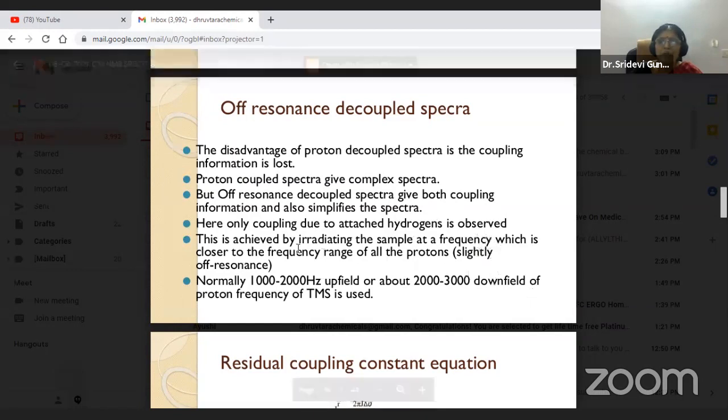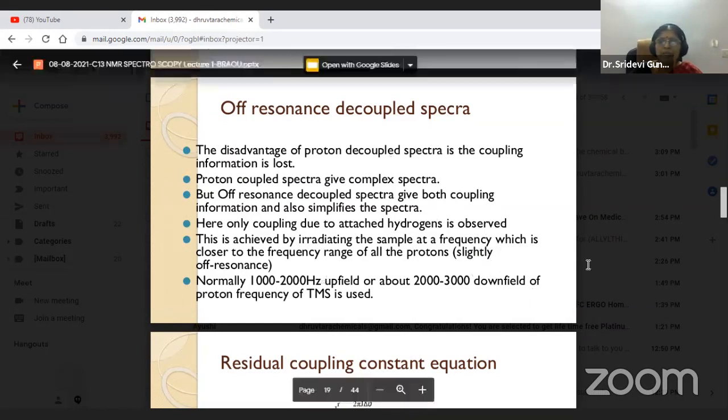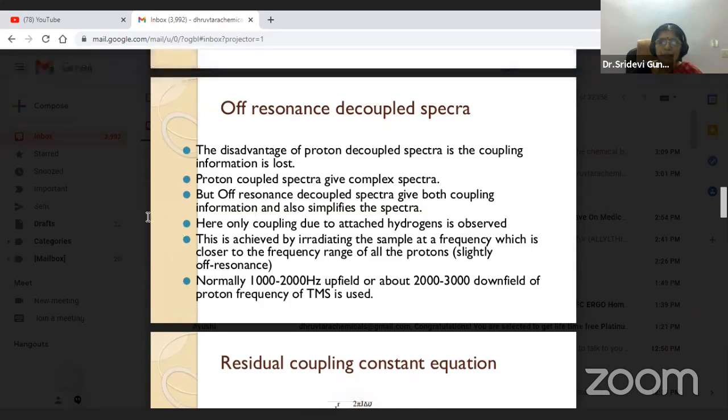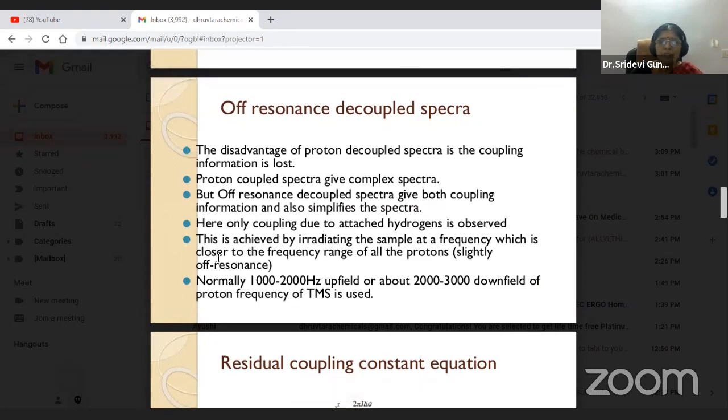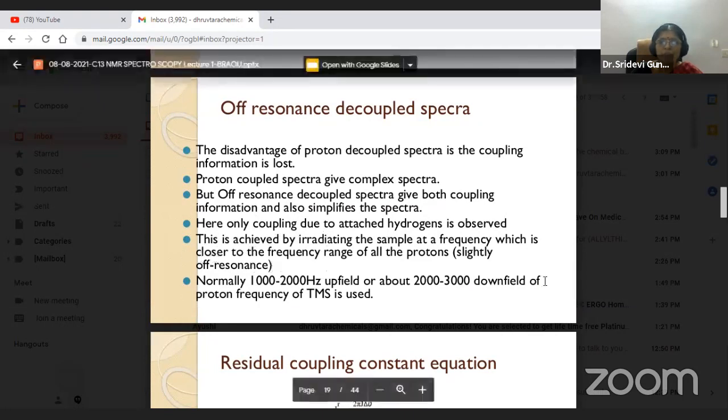Which is used off resonance. That means slightly away, slightly closer to the proton frequency range. Not the exact proton frequency range, but closer to it. Either upfield from the TMS or 2000 to 3000 downfield of the proton frequency of TMS is used.